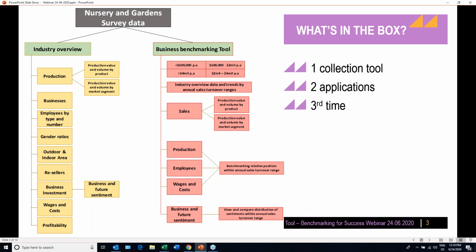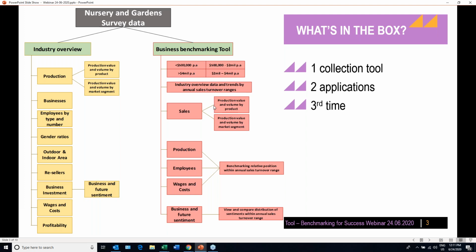We disaggregate all the information into 4 broad categories in terms of annual sales turnover: smaller, less than $500,000 of earnings per year, 500 to 2 mil, 2 to 4, and then 4 mil and above.